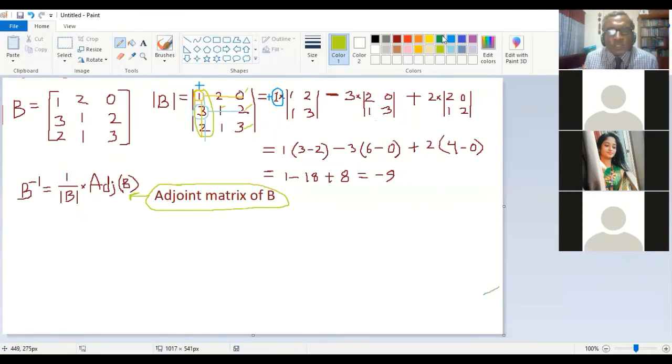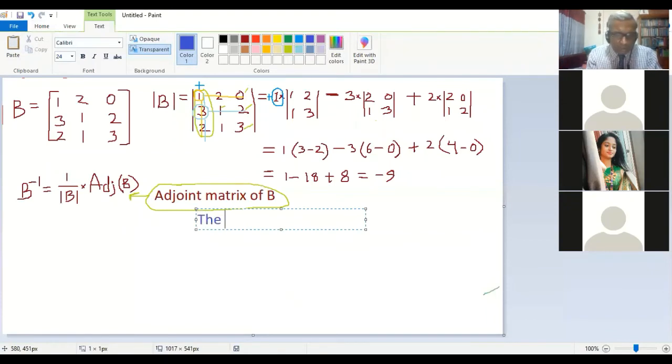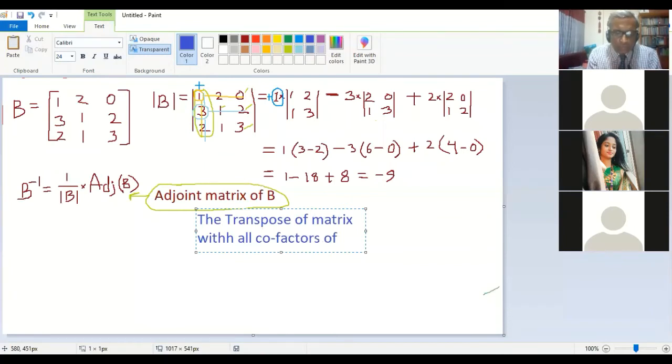I am writing here: the adjoint matrix is actually the transpose of the matrix with all cofactors of B. I will tell you what transpose is.